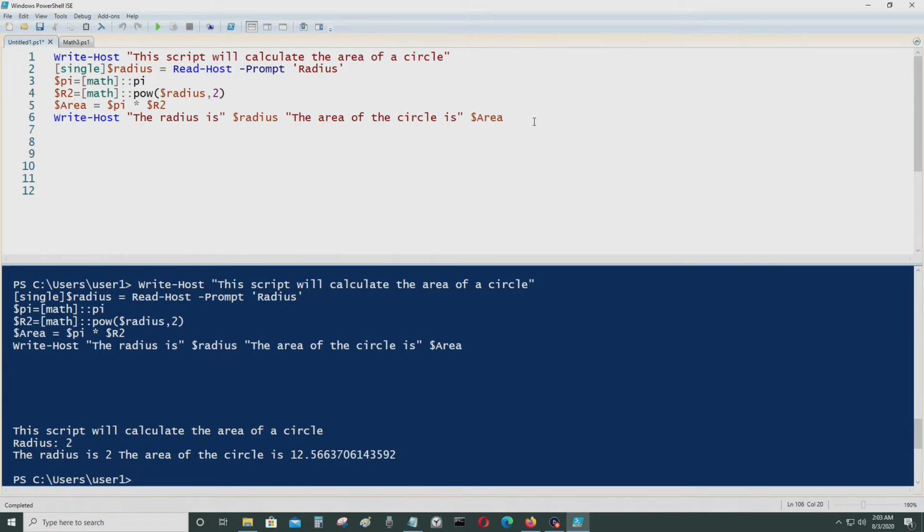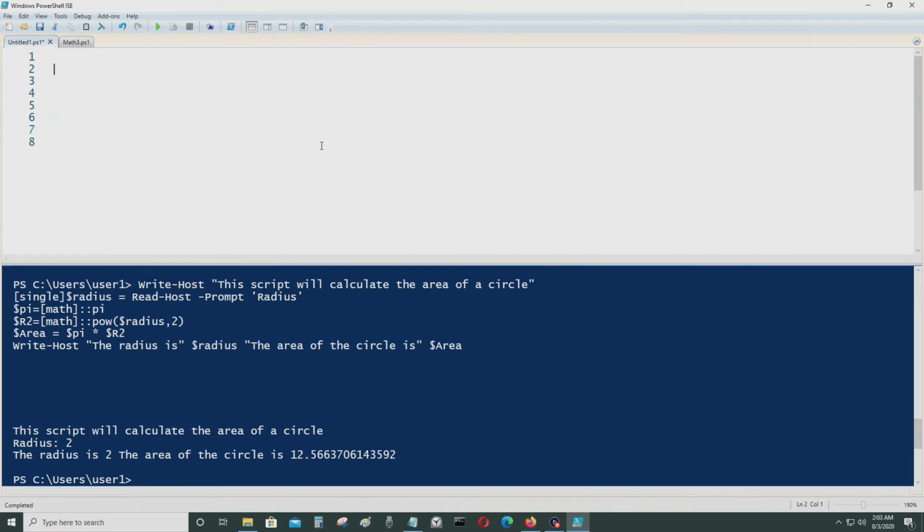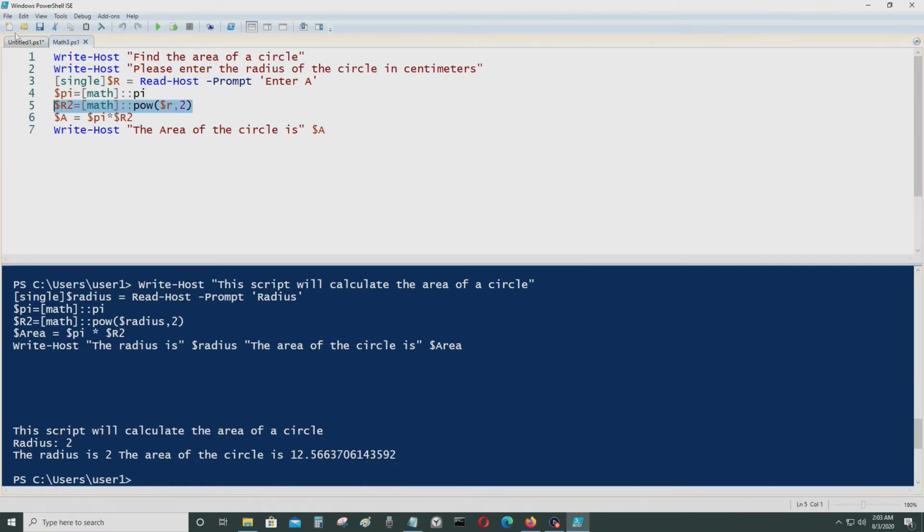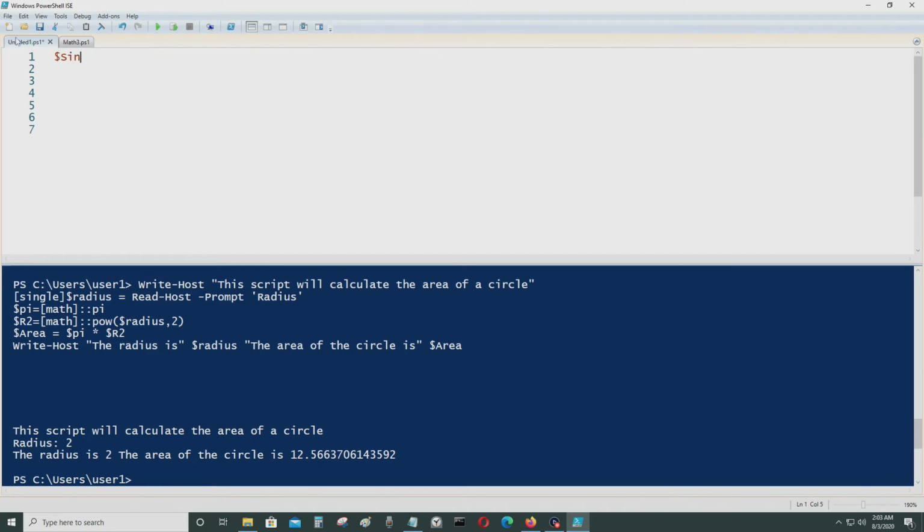We could also do sine functions as well. Sine is equal to math sine.